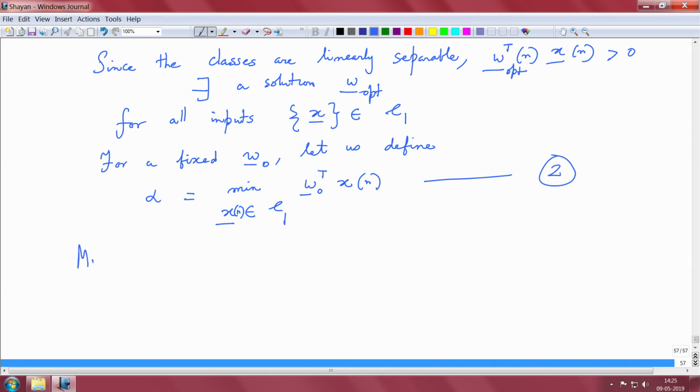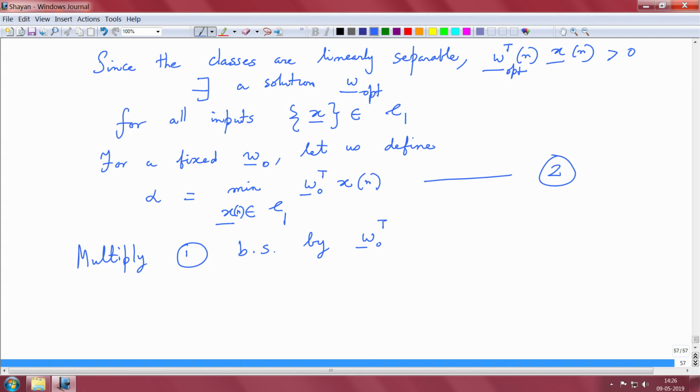So, multiply equation 1 on both sides by W_O transpose. I did not indicate any time here because when I have an optimum hyperplane, the time does not really matter, I am stopping at that point.